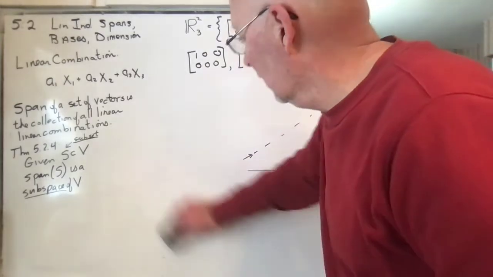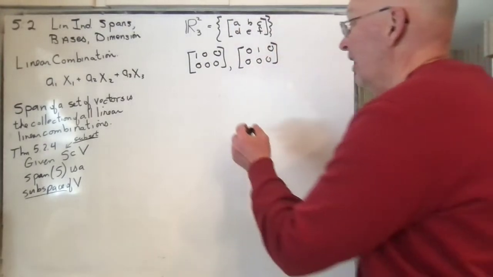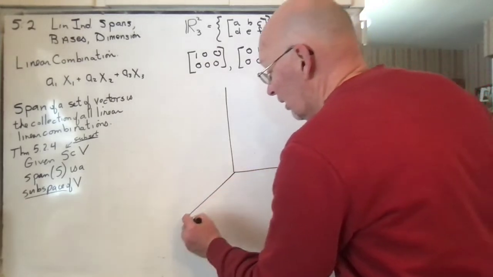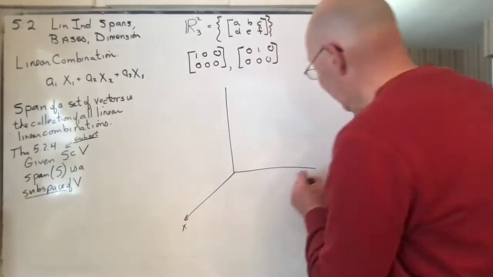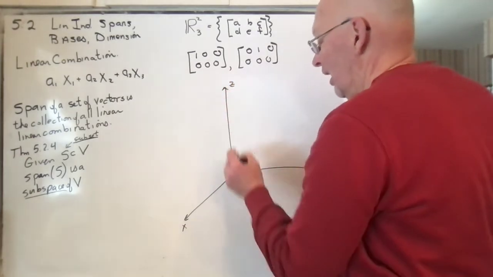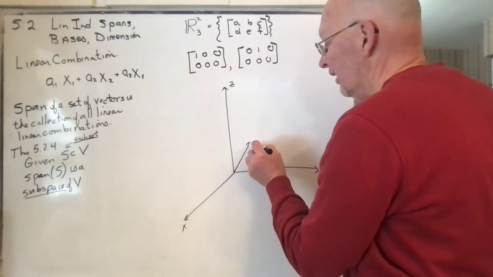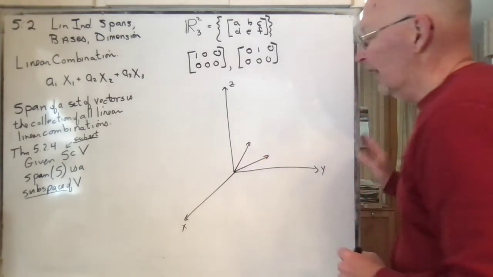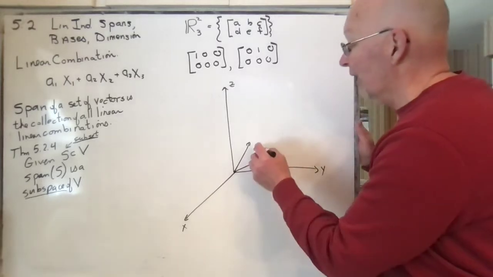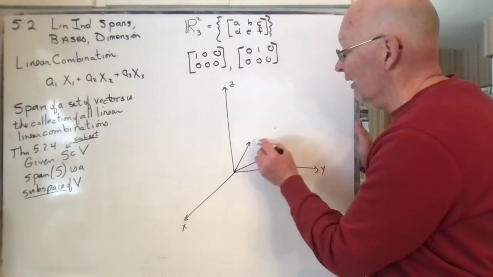If you start off with R3, so here's the x-axis, the y-axis, and the z-axis, and you take one vector and another vector, and you take all linear combinations of those two vectors. So you add them together, and you're going to be right there.